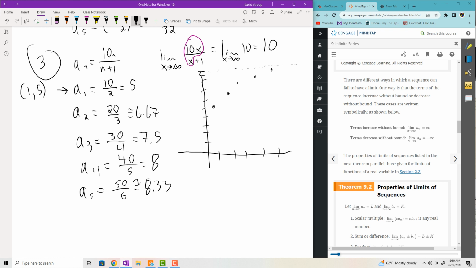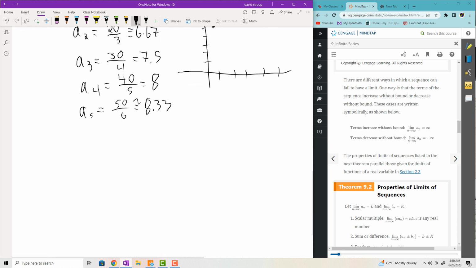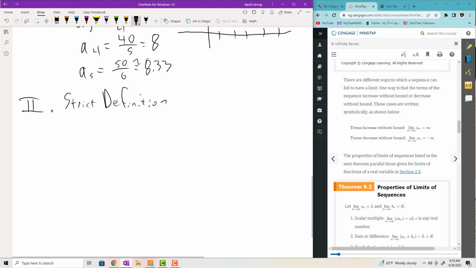Anyways, you're again going to see the strict definition of a limit, which you should have seen in Calc 1. And actually, if you took an advanced calculus class, this is where you would start, even before you got to real numbers.